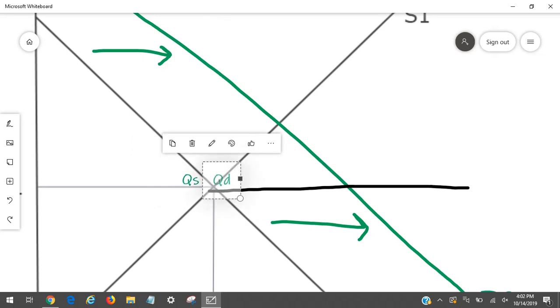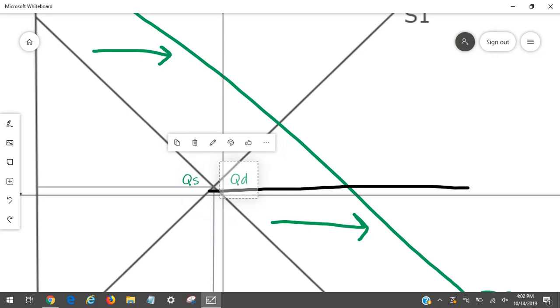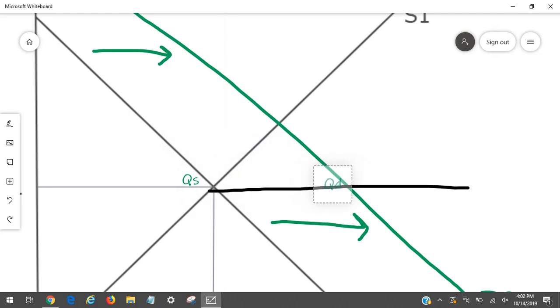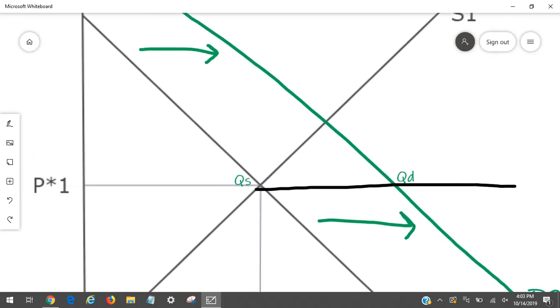But when I shifted my demand curve to the right, my quantity demanded moved over here to the right with the new demand curve. My quantity supplied is still back here at the original equilibrium because my supply curve didn't move, just my demand curve did. Okay, so QD got pushed over this way with the demand curve. Quantity supplied still back here at the original equilibrium price.